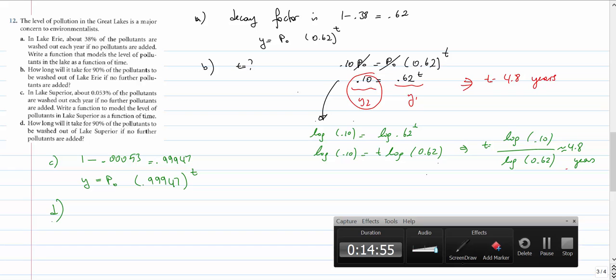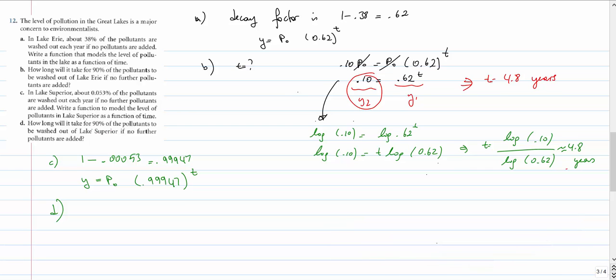Now to answer D, how long will it take for 90% to leave, so 10% of the pollutants remain. Then these are cancelled out. Then from here, 0.10 is equal to 0.99947 to the power T. So I'm going to take a shortcut here.